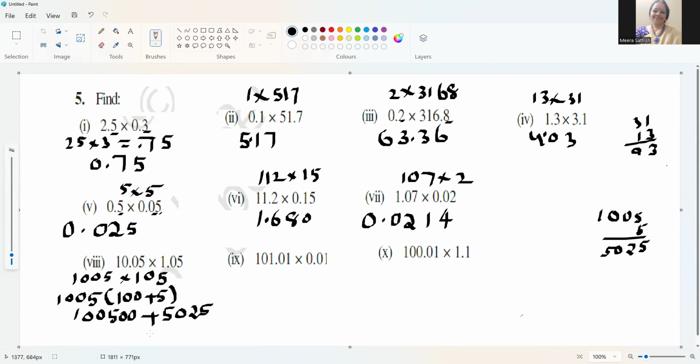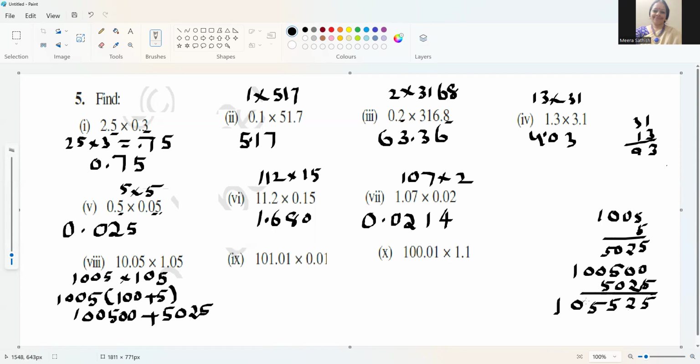So adding them, what we will get? 105525. That's the final answer. Now, 4 decimal places.